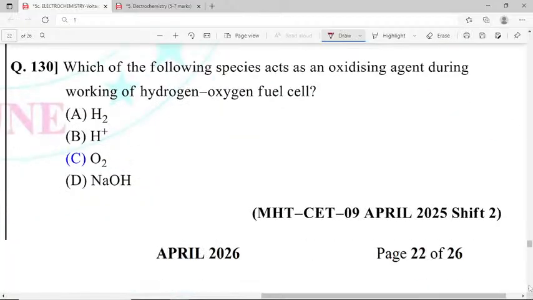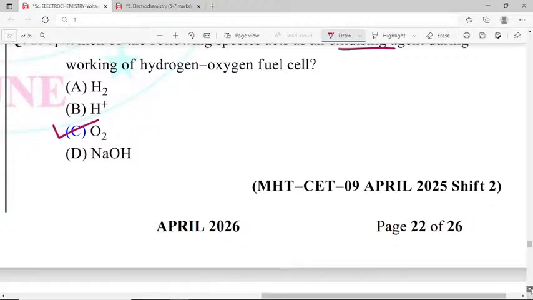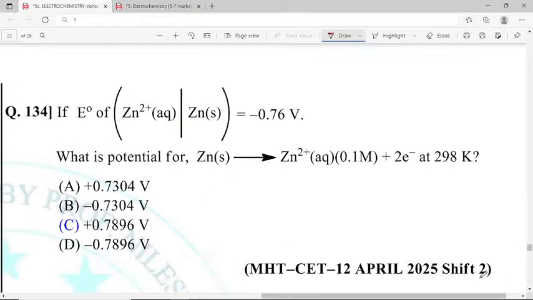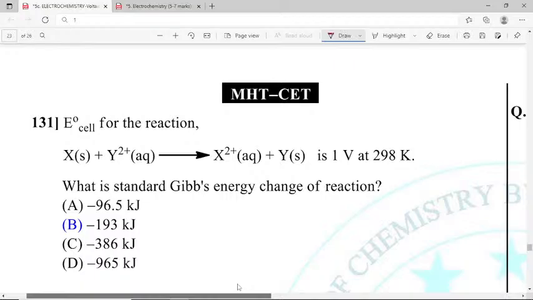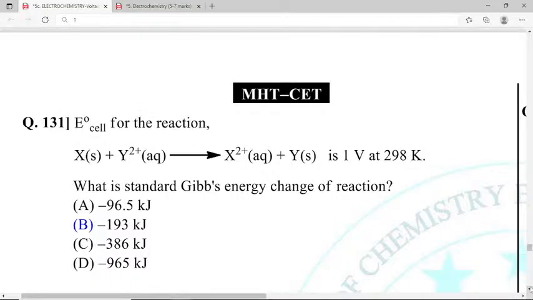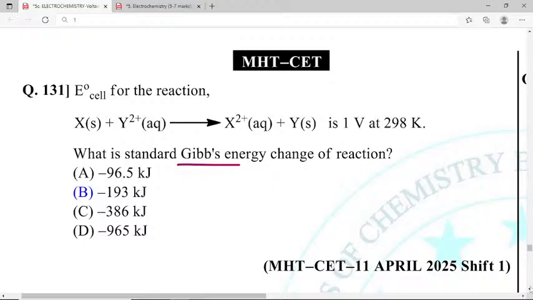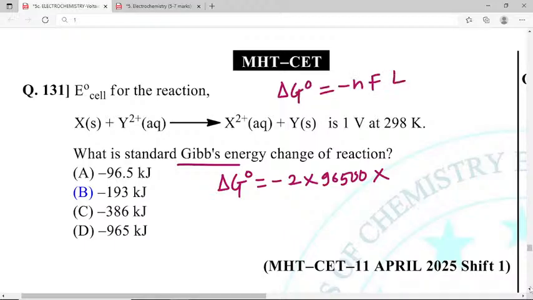Which of the following species acts as the oxidizing agent? Oxygen. Oxygen is the oxidizing agent. It is a straightforward question. After the E naught cell value comes Gibbs energy, same question. That is delta G naught is equal to minus nF E naught cell.